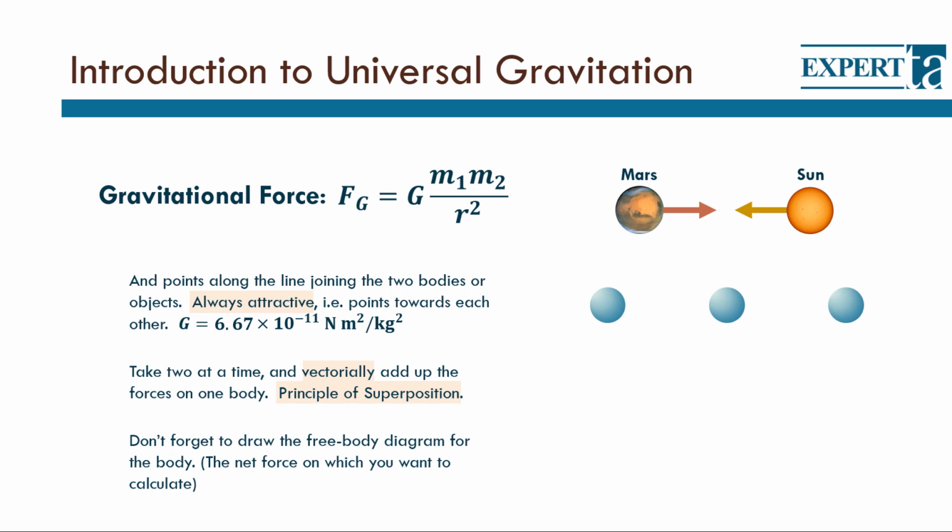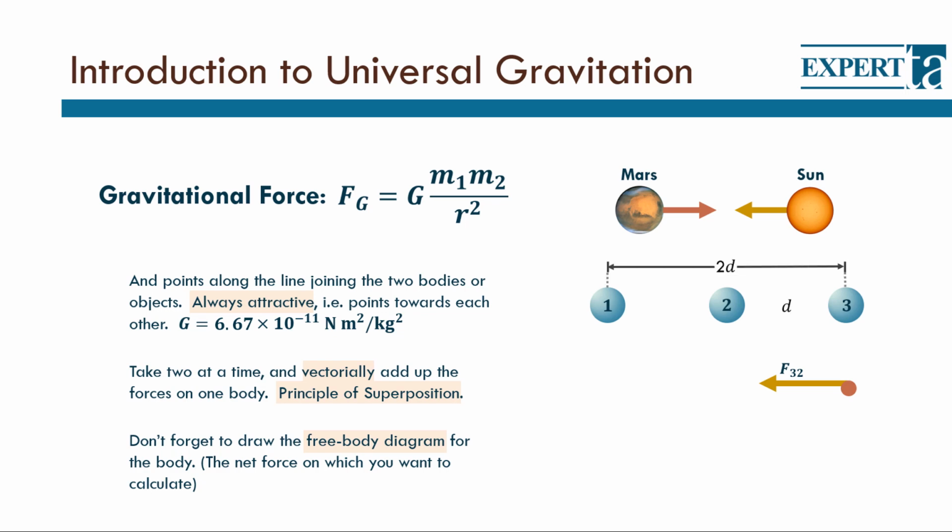If you're looking at object number 3, what is the net force on object number 3? Now we draw a free body diagram. For net force, we always need to draw a free body diagram. Let's call these 2 and 1. One force that 2 exerts on 3, let's call that F on 3 by 2. And then there's another one. Let's call this distance d, and this distance 2d.